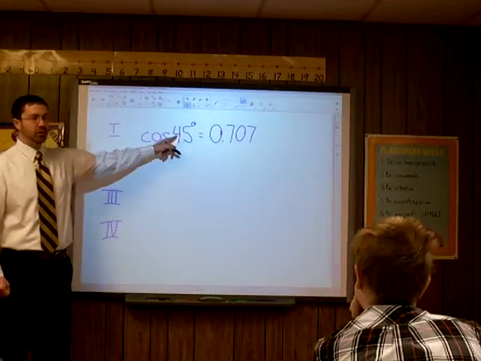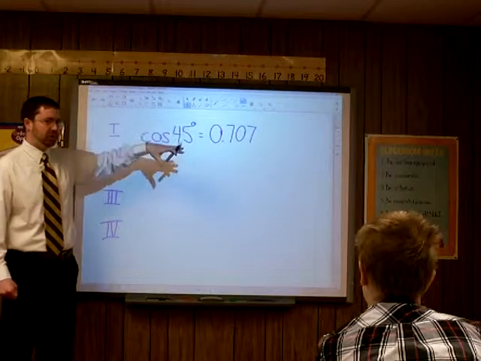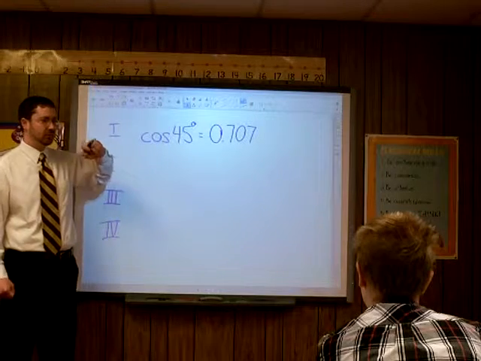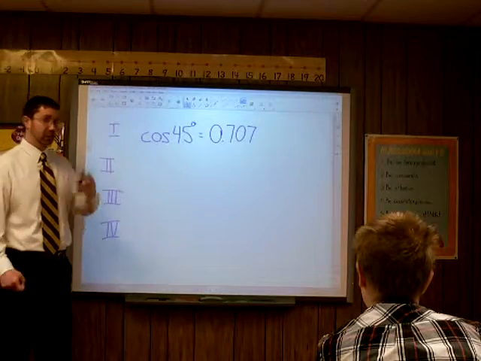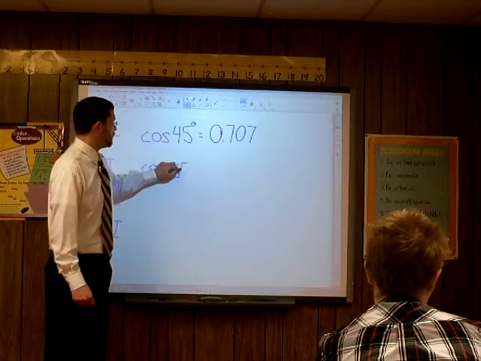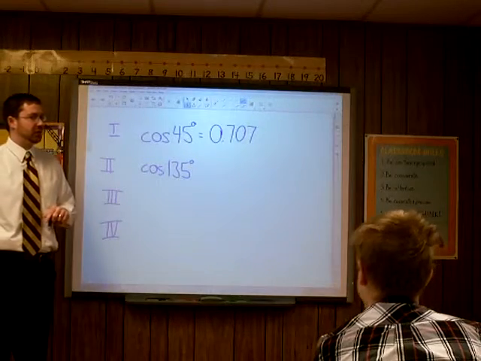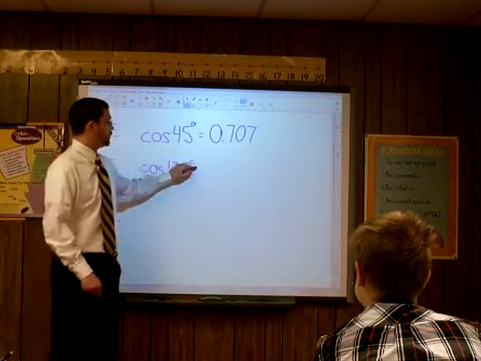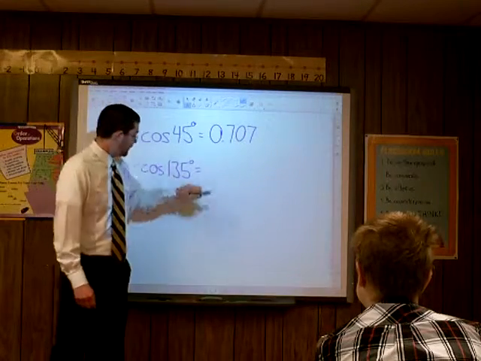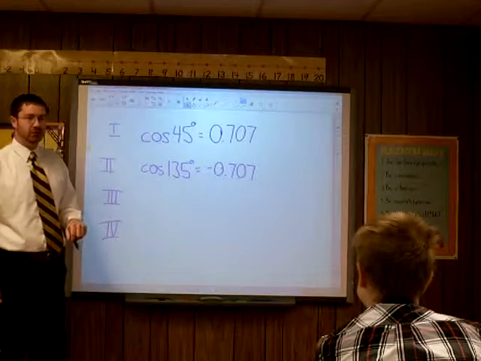In the second quadrant, let's think this through. If I have a reference angle of 45, what would I be in the second quadrant? 135. Very good. So, the cosine of 135, remember we said only sine is positive in the second quadrant, right? So what would the cosine of 135 be? Negative 0.707.